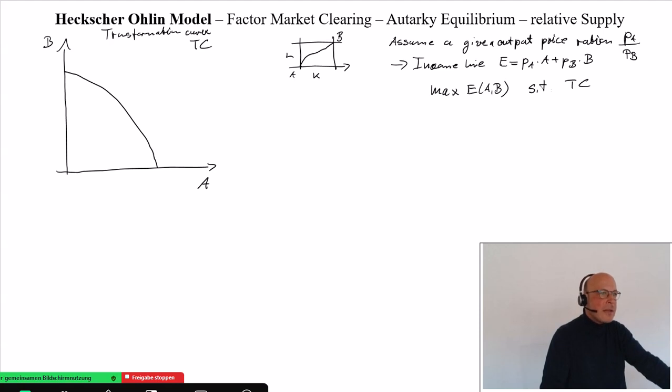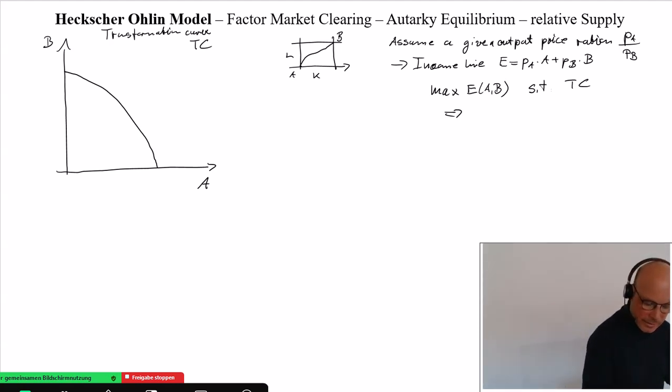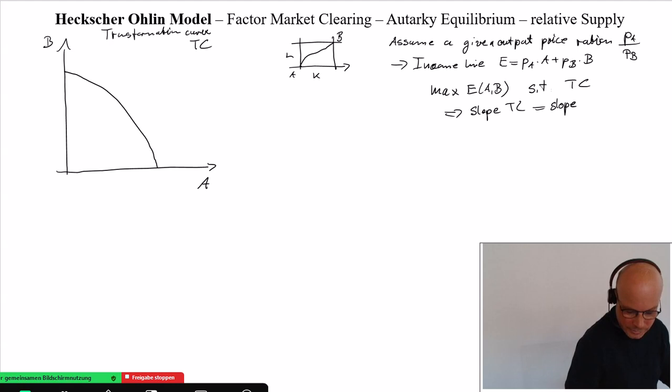So again, we obtain the optimal production point where the slope of the income line equals the slope of our transformation curve. This is absolutely the same argumentation which we have made already. This means slope of transformation curve equals slope of income line, and this is just our price ratio.